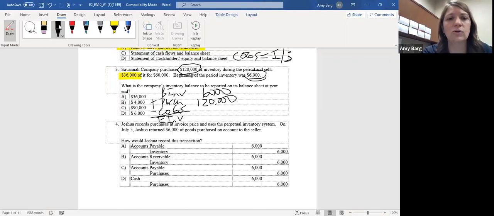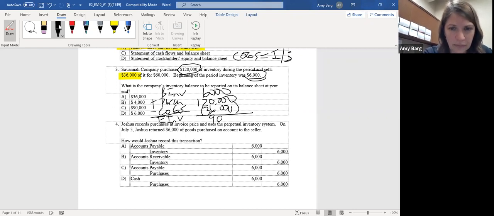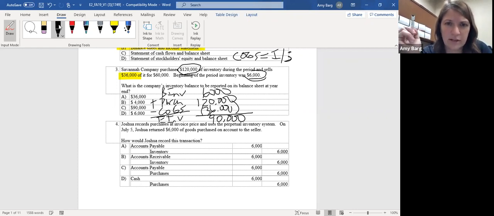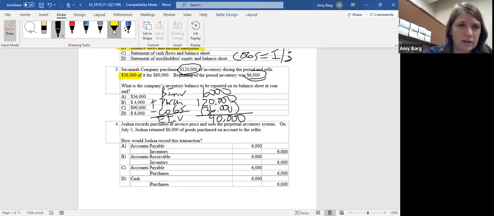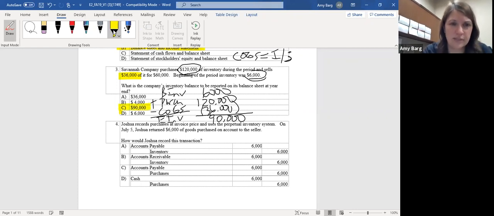That's our cost of goods sold. The 60,000 was how much revenue we made, but the 36,000 was how much that inventory cost us. So that's the one that we need, the 36,000. And so if we do the math there, we get 90,000. So that is the ending inventory at the end of the period. So the answer is letter C.